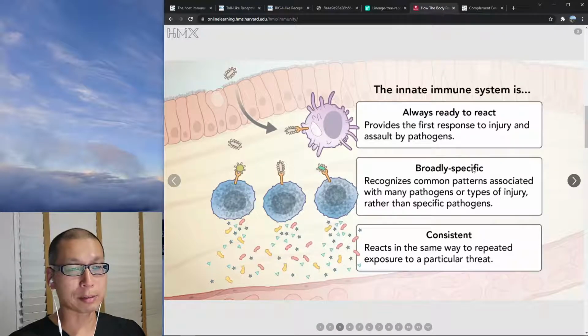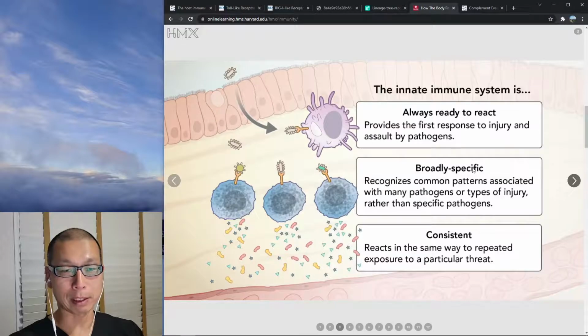And it's broadly specific. These cells work on patterns that they see in viruses and bacteria that are not found in our own cells. These are broad patterns that are different from ours, and they have molecules that respond to those patterns. And it's consistent, so it always reacts in the same way.